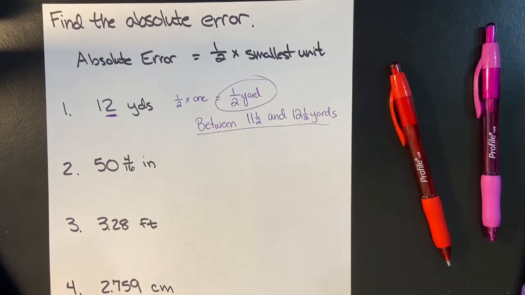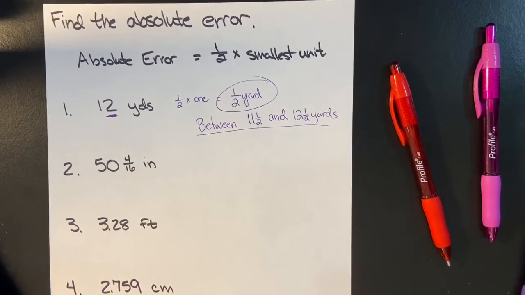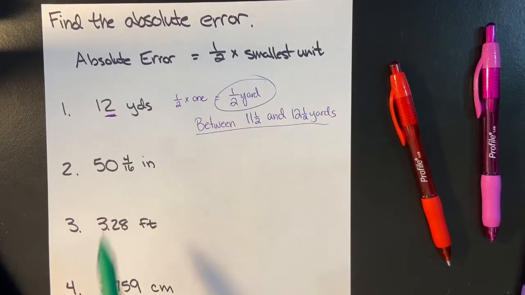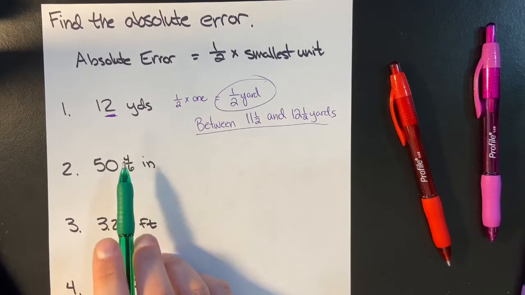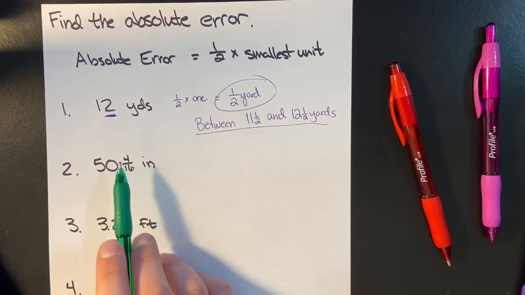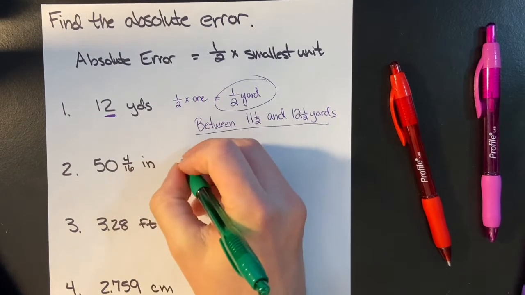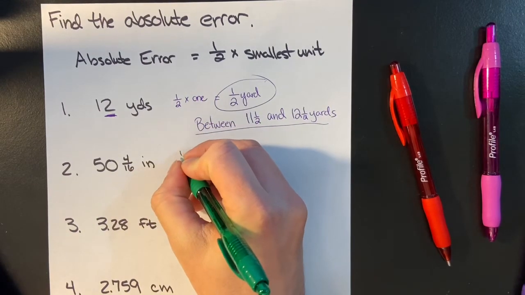How about this one? This is weird. Now you might be wondering, well, wait a minute. Why is it 4/16 and not 1/4? The fact that this is a non-simplified fraction is telling you that my measurement is more precise. So as crazy as it sounds, my smallest unit here is 1/16.